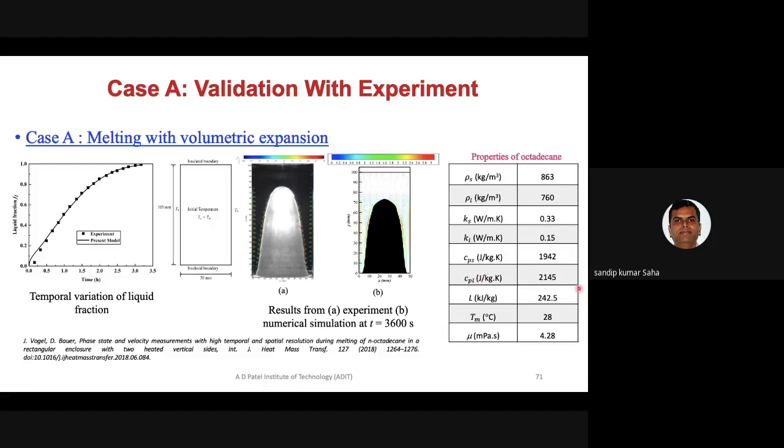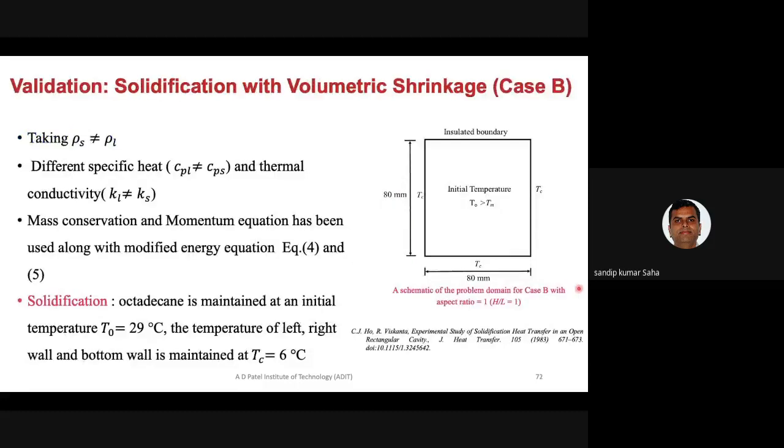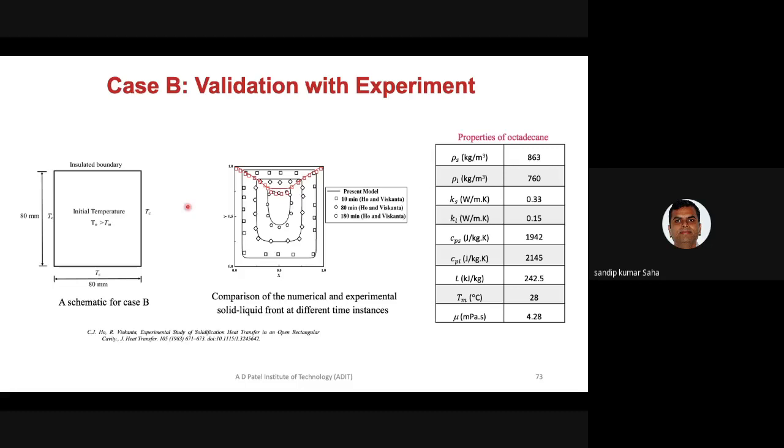In one case this is melting with volumetric expansion, this is solidification with volumetric expansion. This is our experimental result. We developed the model and validated it with that experimental result. We see fairly good matching with that experimental result using shrinkage.